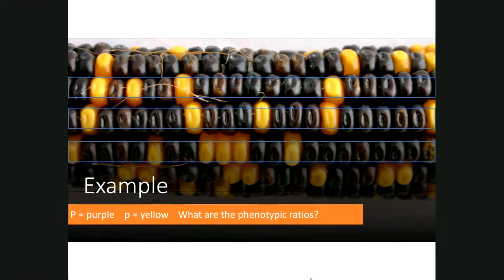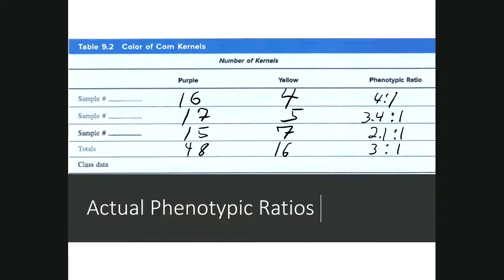All right, so I actually took the liberty of doing this for you guys last night. What I did was I counted each purple corn kernel for these 3 rows that I've put a little blue rectangle around. And what that shows me is in sample 1, which is row number 1, I have 16 purple corn kernels and 4 yellow corn kernels.